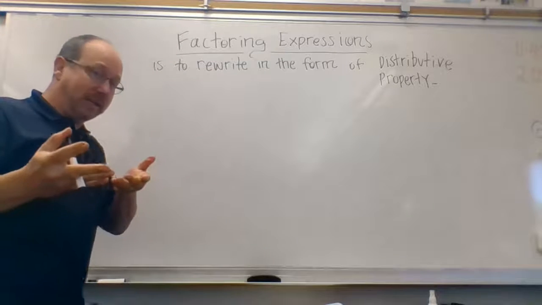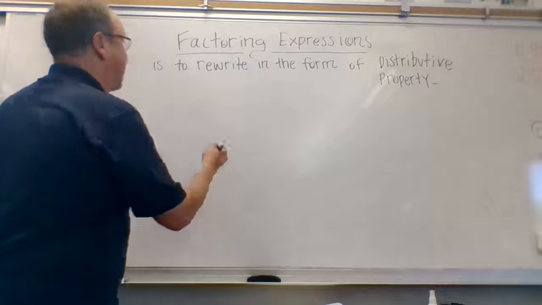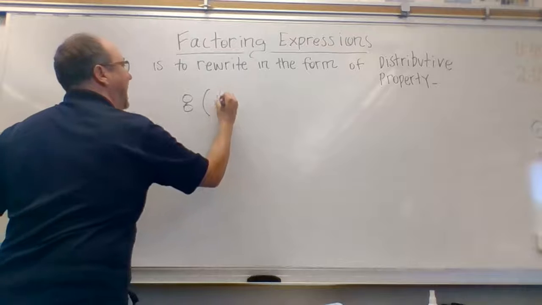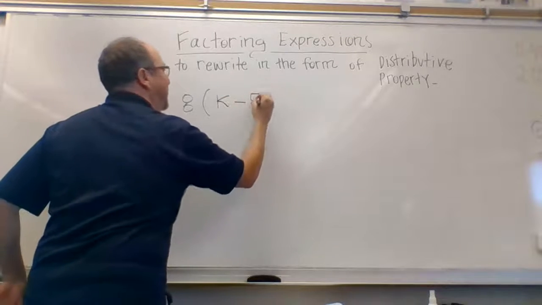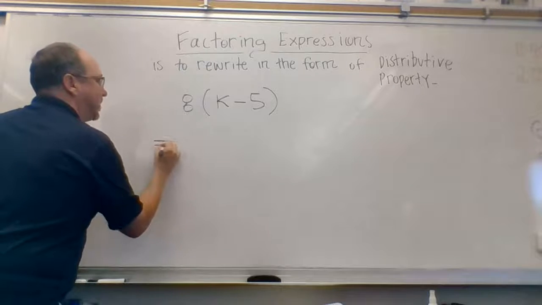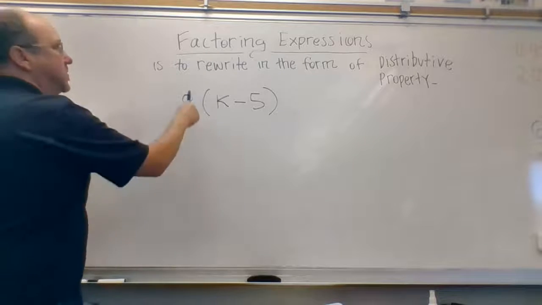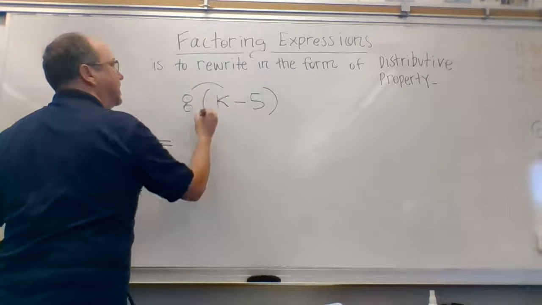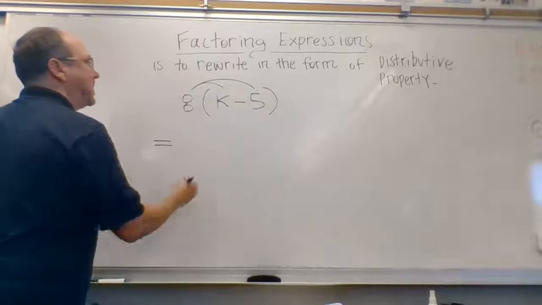So let's begin by looking at a distributive property situation, 8 distributed to k minus 5. So in this expression, to simplify it, we are distributing the 8 to the k and the 5. That is multiplying 8 times k, 8 times 5.